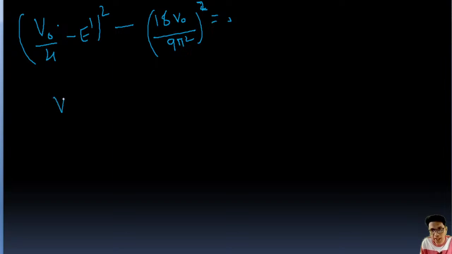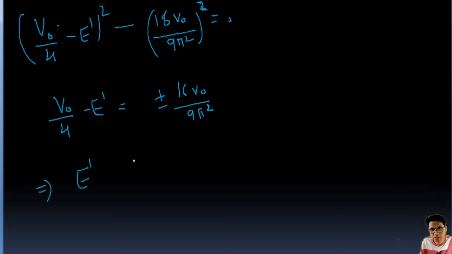This implies V0 by 4 minus E dash is going to be, taking this side, plus minus 16 V0 upon 9 pi square. So now E dash is going to be V0 upon 4 plus minus 16 V0 upon 9 pi square.